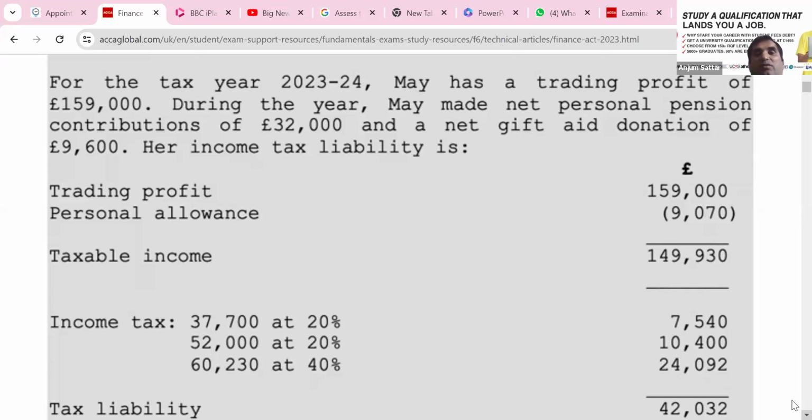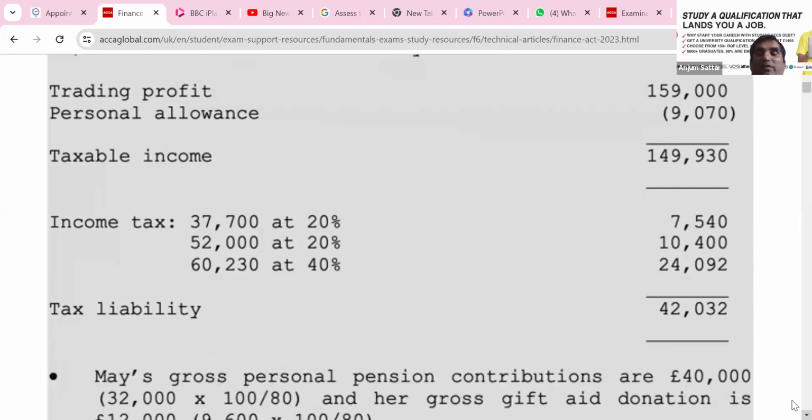During the year May's net pension contribution is 32,000. And then of course we need to look around donations, because the donation we can claim if tax has been paid, so we can make the adjustment accordingly.